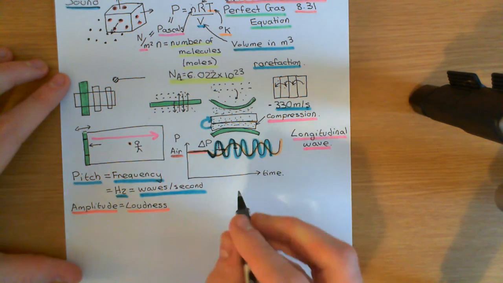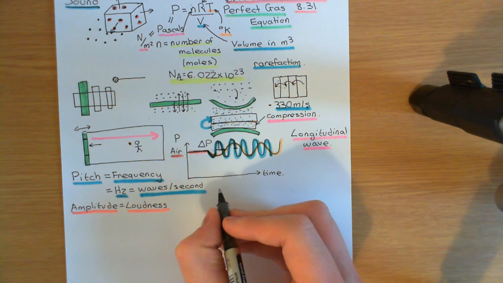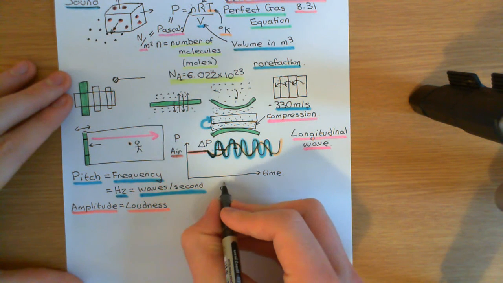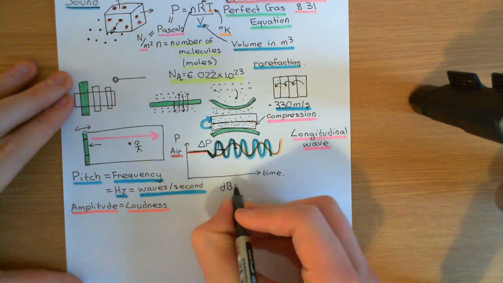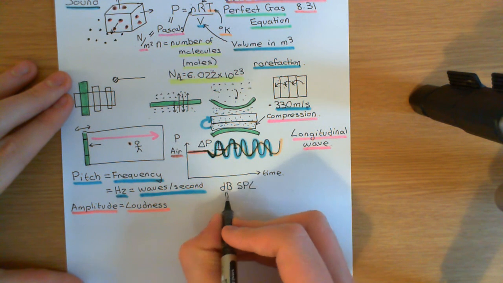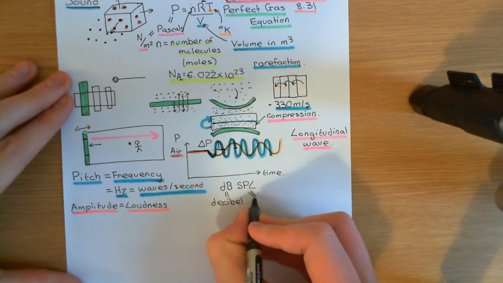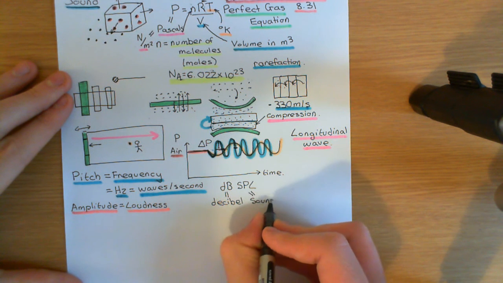However, there is a way that people often use which is known as the decibel sound pressure level. And I'm just going to give you the formula for this. So the decibel sound pressure level, dBSPL. So dB here stands for decibel, and SPL stands for sound pressure level.